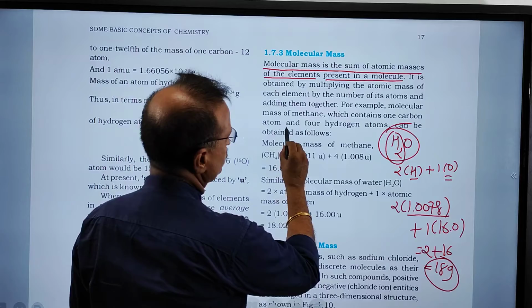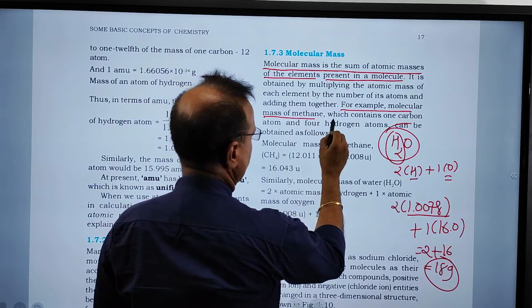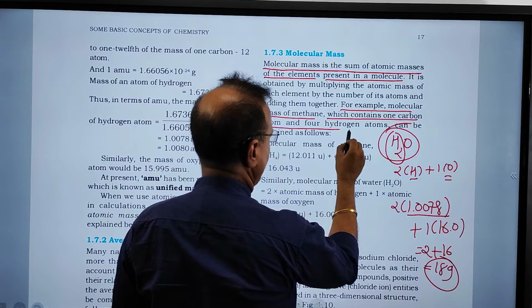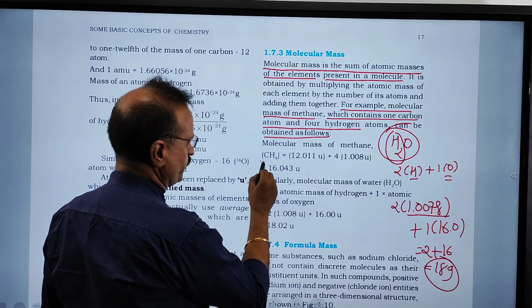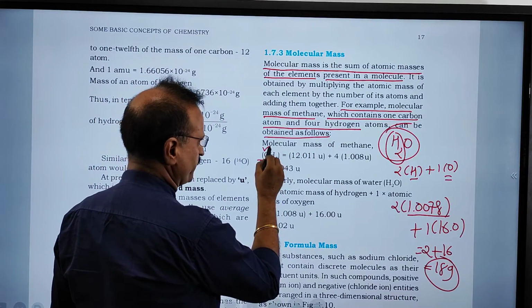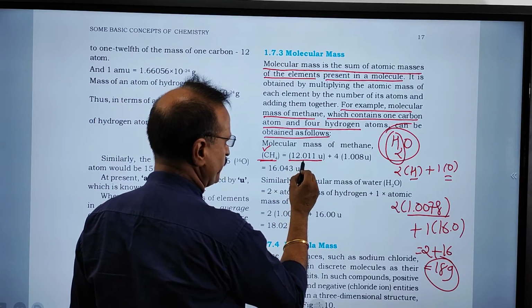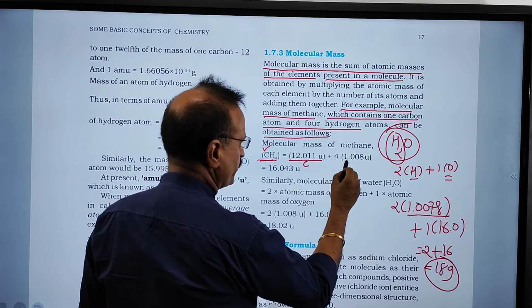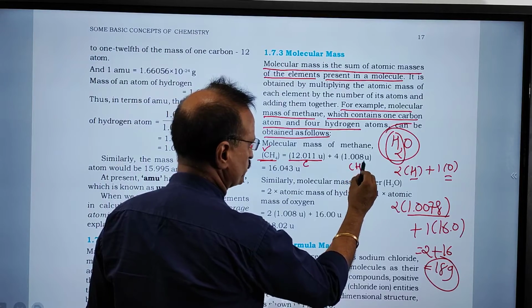For example, the molecular mass of methane, which contains 1 carbon atom and 4 hydrogen atoms, can be obtained as follows. This is the formula of methane. In methane, 1 carbon, so 1 into 12.011, the atomic mass of carbon, and 4 into 1.008, the atomic mass of hydrogen.